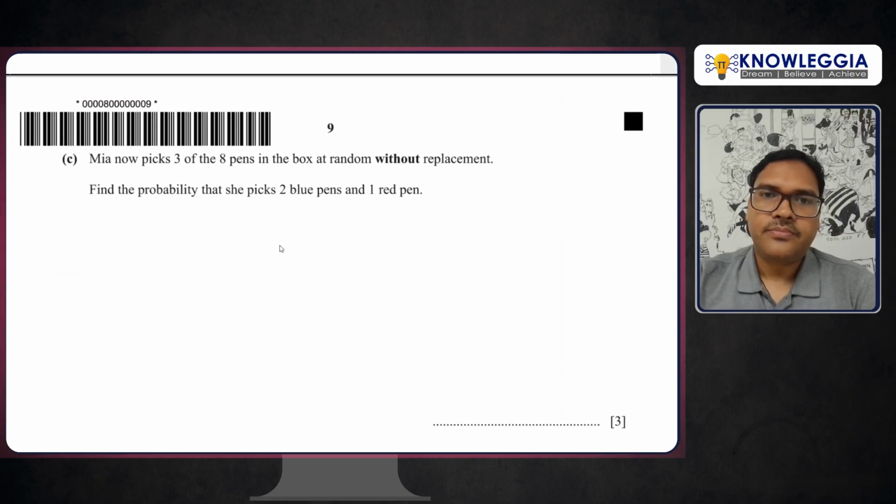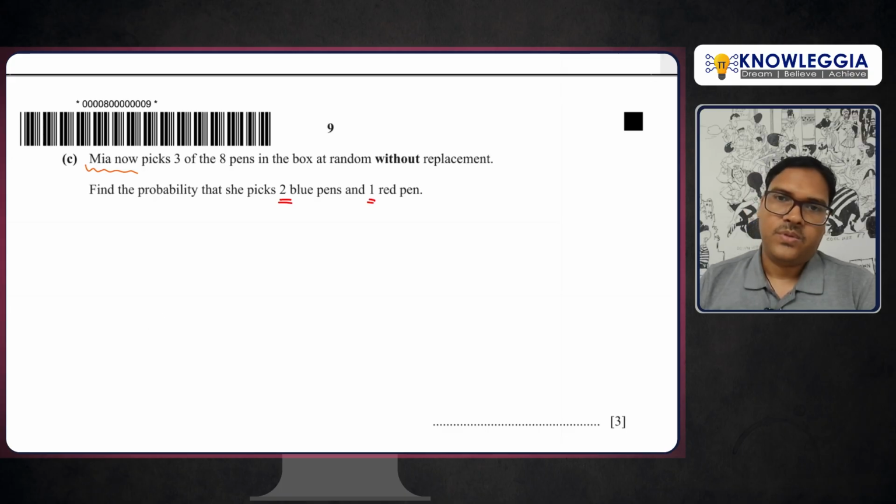So if she is picking 2 blue and 1 red, first, let's say, blue and red.